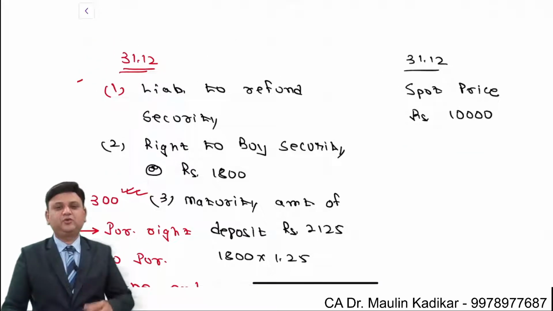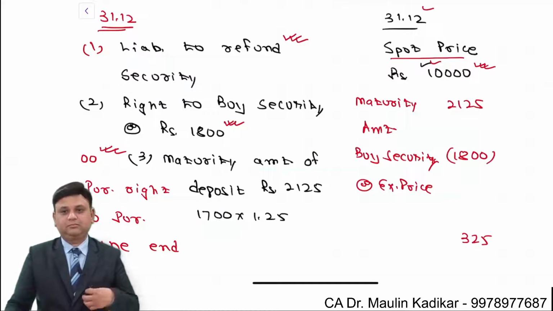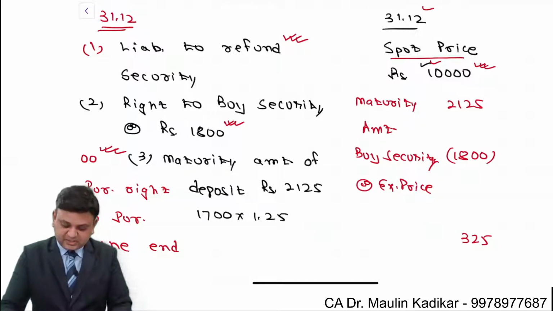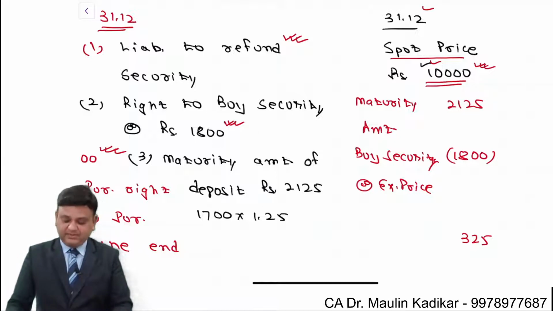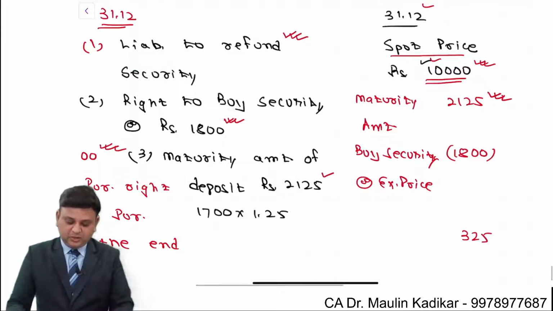I want somebody of you to tell me what would be the profit or loss to the arbitrator. So if at all the price of the security is 10,000, then in that case what will happen? Your maturity amount of deposit is going to be 2125. You have a liability to refund security.